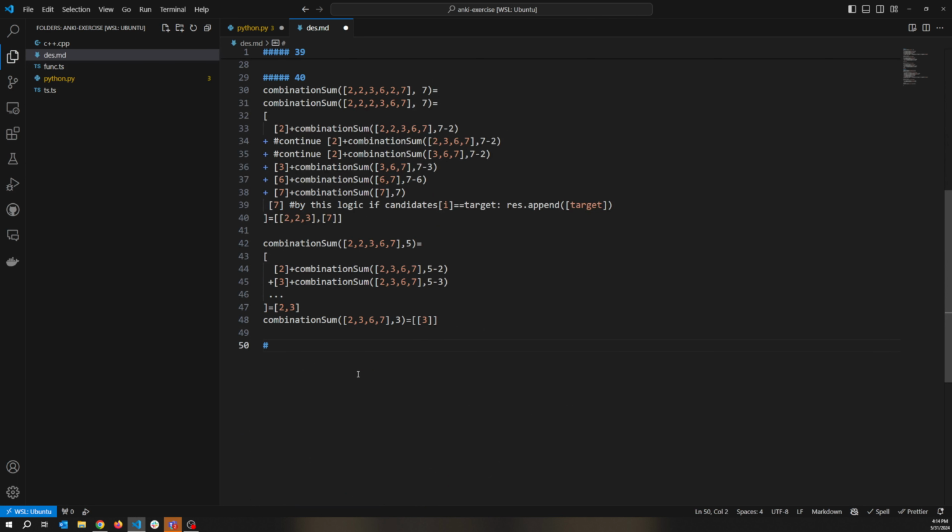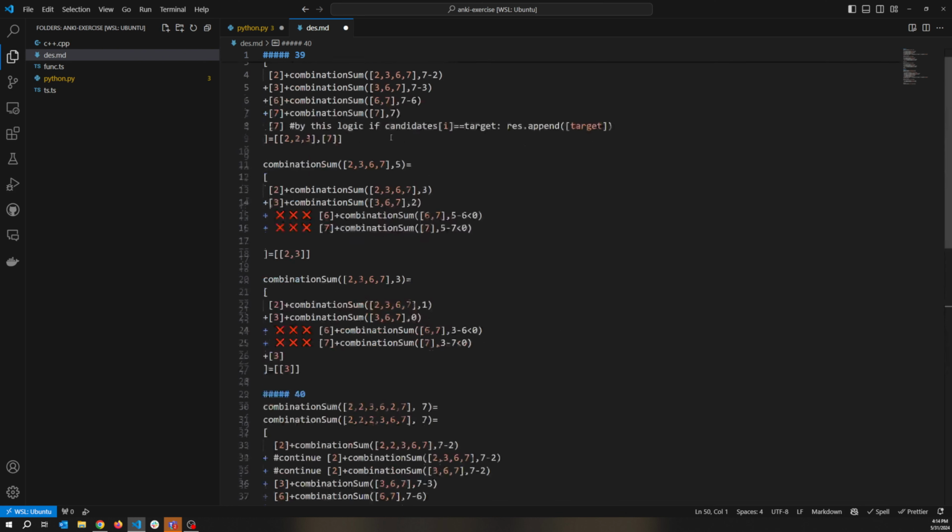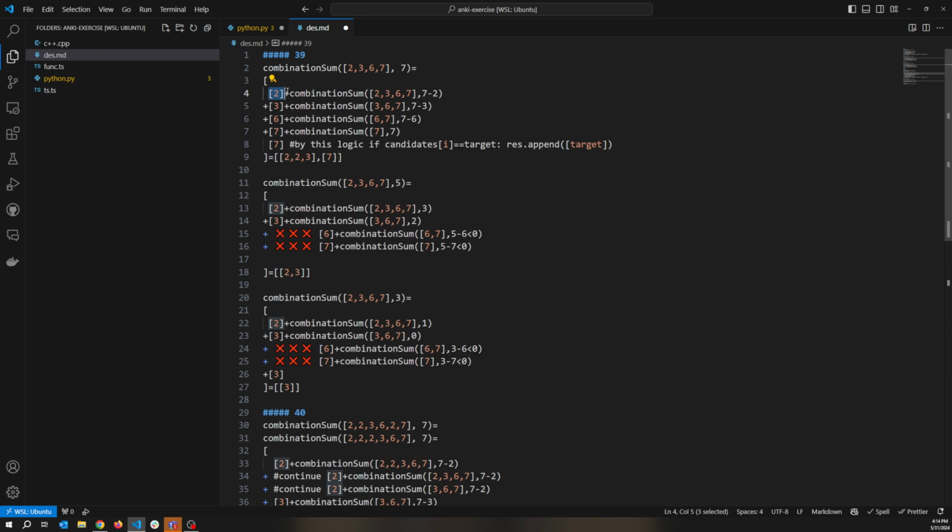Let's say the answer is 2, 2, 3. We don't want to have 2, 3, 2, or 3, 2, 2. So if we pass a number, we don't want to repeat it. Either 2 is included or not.